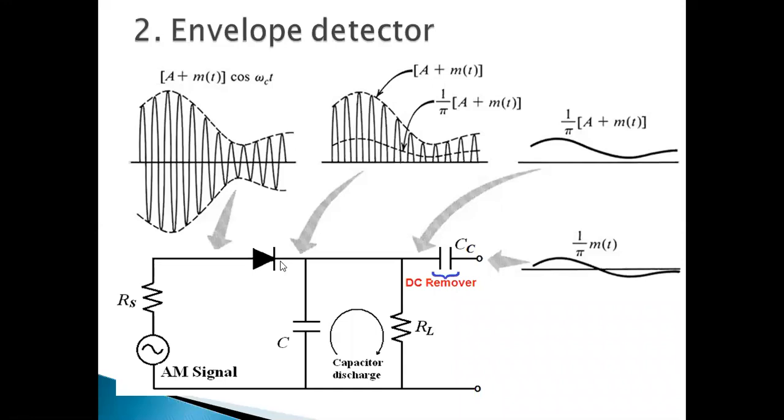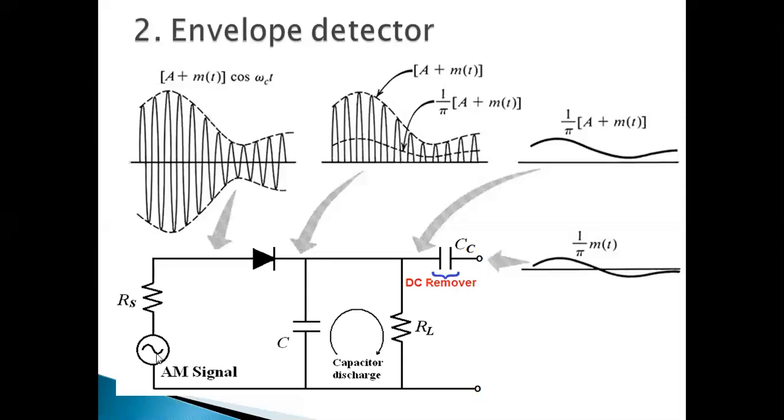Then the current flows through this particular resistance, that is the source resistance, because the AM signal is the source signal for demodulation. The input is a source signal. Maybe it is a high frequency signal, but it is the input for demodulation. This is a source signal only for the analog detector.